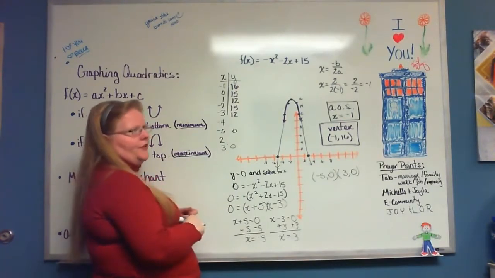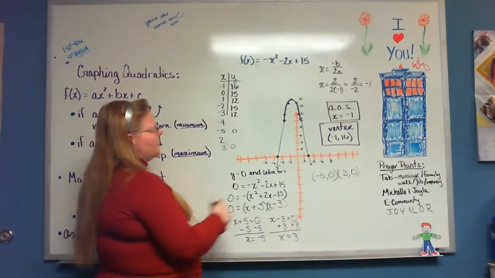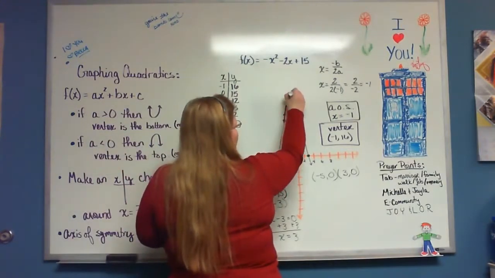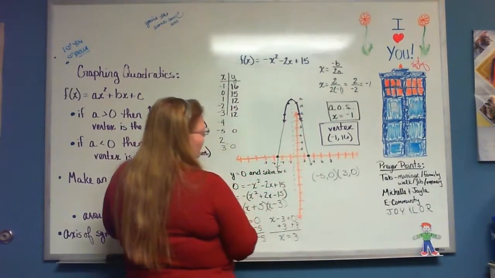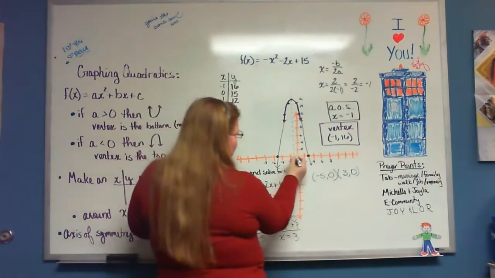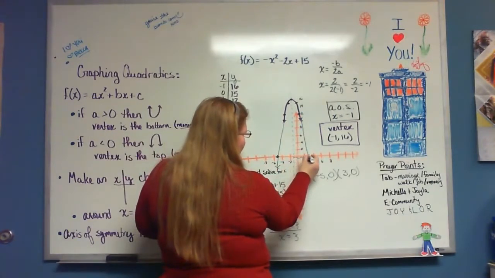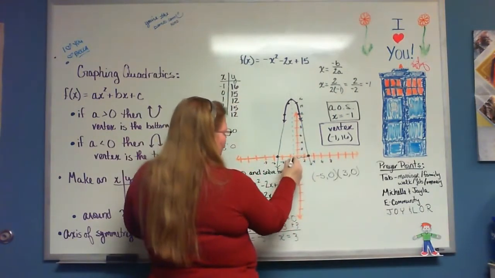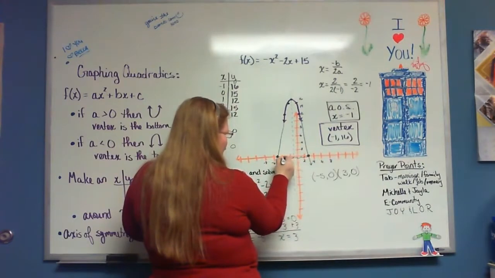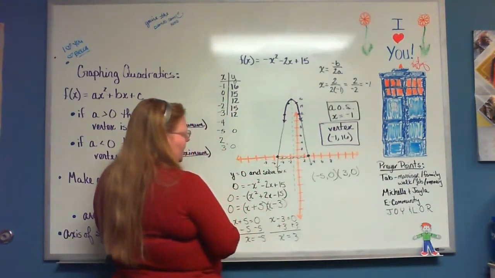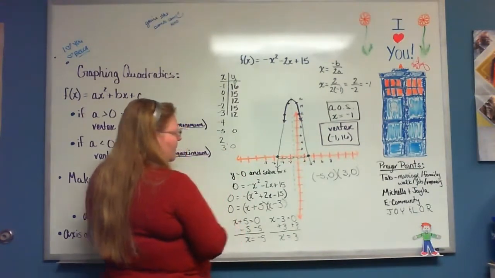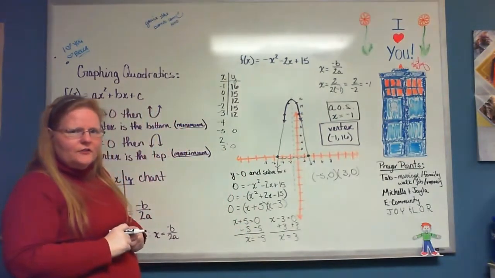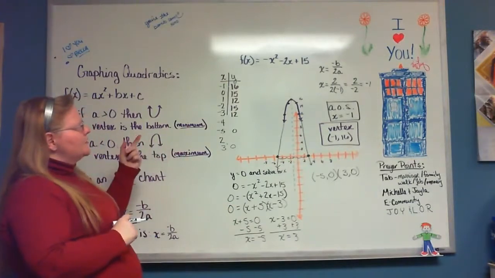And then wait a minute. This is our axis of symmetry. This is 1, 2, 3, 4 spaces away. This is 1, 2, 3, 4 spaces away. It's always going to be even from your axis of symmetry.